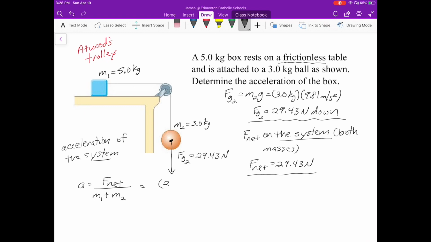So we have 29.43 newtons over 5.0 kilograms plus 3.0 kilograms, so obviously 8. So then the acceleration of the system is 3.7 meters per second squared.